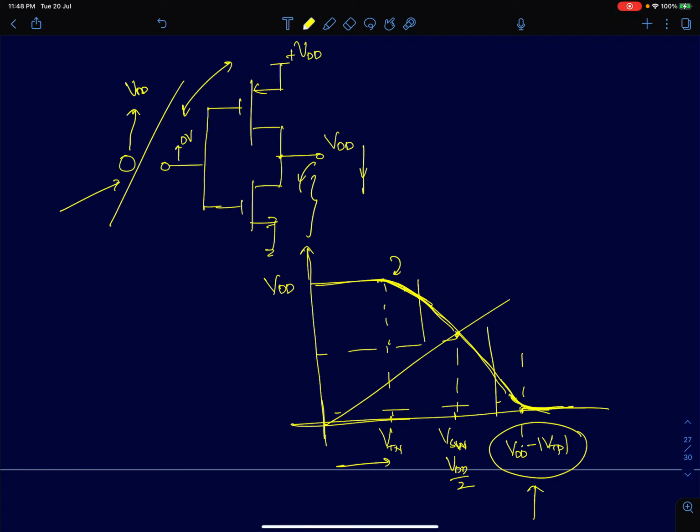It will go to 0. Okay, so this is a well-known graph, well discussed in most of the textbooks. This is the characteristic of a CMOS inverter. If input is 0, output is VDD, and when input is VDD, the output goes to 0. And you have a high gain transition region in between.